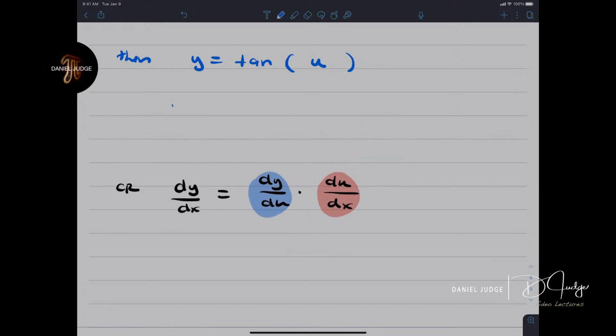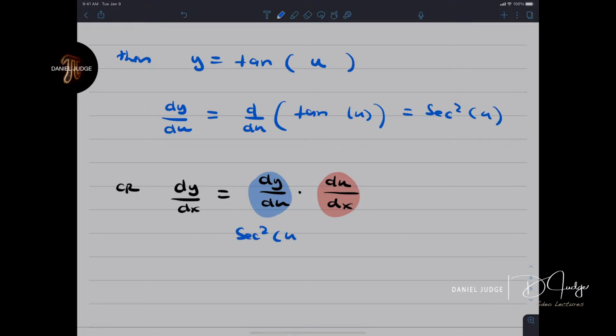So dy du becomes d du of tangent. Derivative of tangent is secant squared. So here we go. Secant squared u.